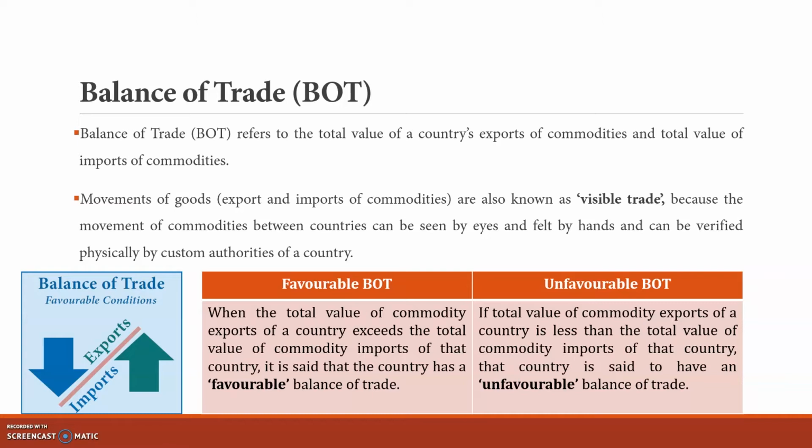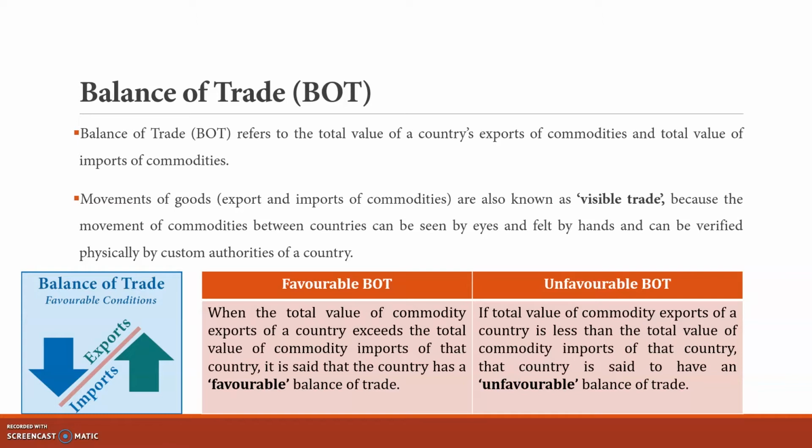So under balance of trade we can see the commodities, and there are two concepts of balance of trade. One is favorable balance of trade, another one is unfavorable balance of trade. What is meant by favorable? It is nothing but the total value of the commodities exported exceeds the total value of the commodities imported.